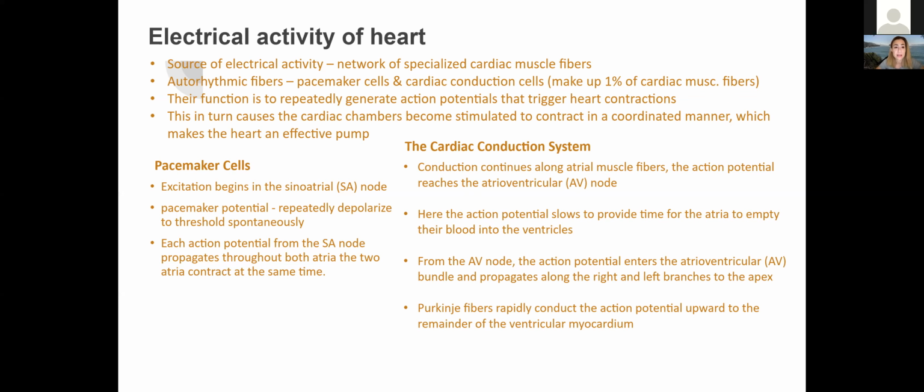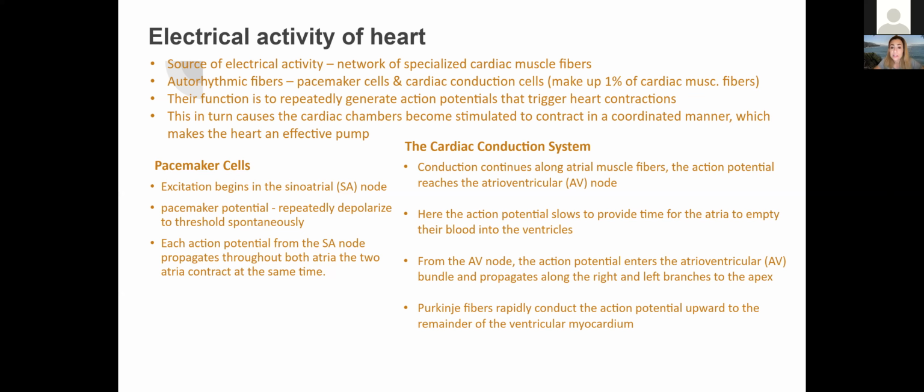So for these two types of cells, the pacemaker cells, excitation begins in the SA node. As mentioned, the pacemaker potential repeatedly depolarizes to threshold spontaneously. Each action potential from the SA node propagates throughout both atria, causing the atria to contract at the same time.